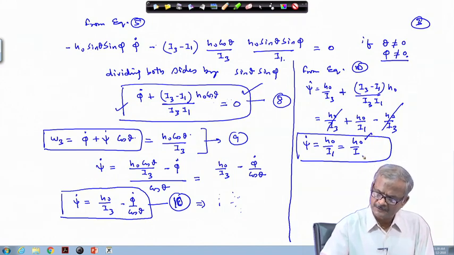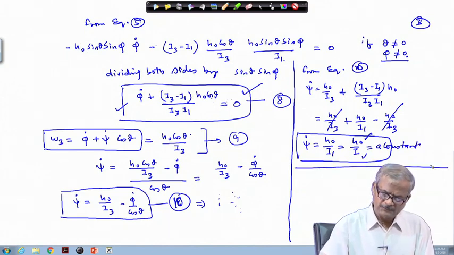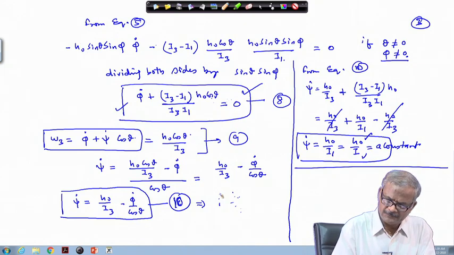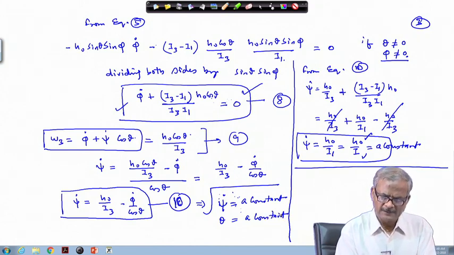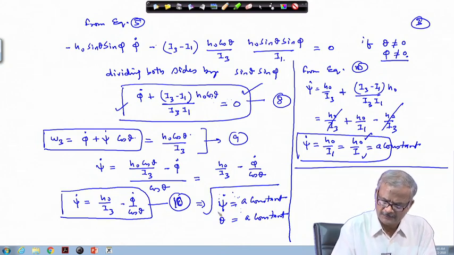And because H 0 is a constant, this is a constant, and therefore this turns out to be a constant. So, what we have recovered from this place is that psi dot is a constant, theta is a constant, and phi dot is related to this equation where H 0 is a constant and cos theta is a constant, and therefore phi dot also is a constant.